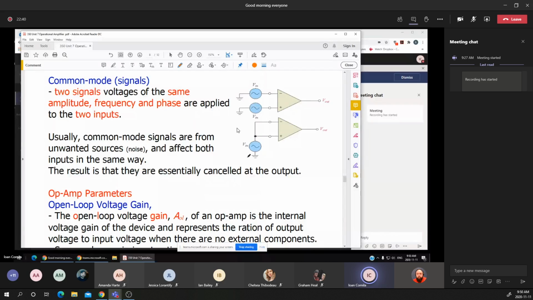In either of the two cases, the same signal, the same amplitude, and no phase shift between the two voltages is applied simultaneously on the inputs.